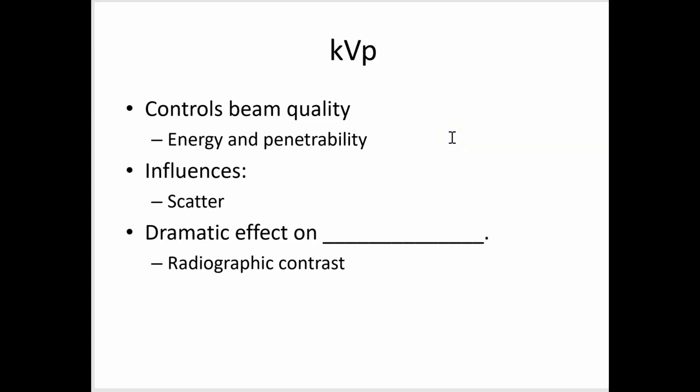A low kVp is going to give you less scatter than a high kVp. And you remember the mnemonic, the more K, the more gray. So the more kVp you have, the more shades of gray you're going to have in your image because of scatter. And therefore, that has a huge effect on contrast.